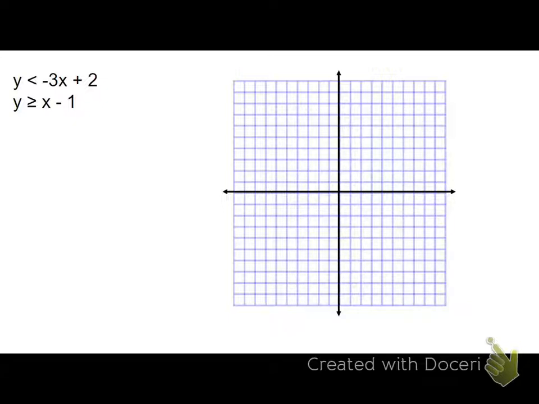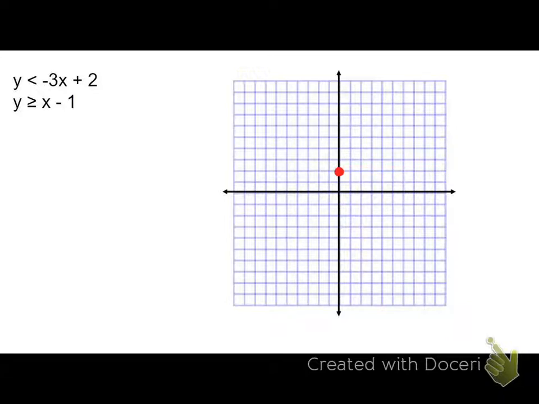So what I'm going to do, I'm going to graph this one first, okay? So I'm going to graph my first inequality in slope-intercept form. I come to my origin, and then I graph what? Up 2 for my y-intercept. And then what's my slope? Remember, slope is rise over run.